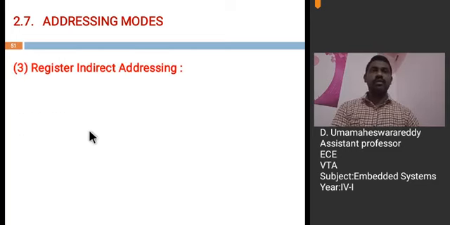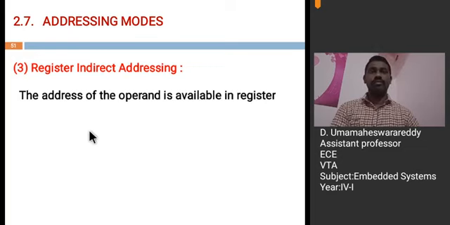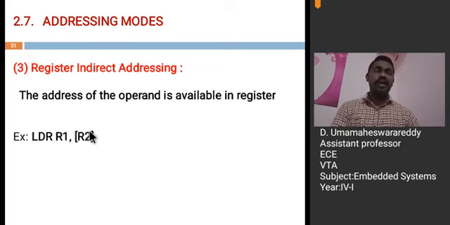Next, register indirect addressing mode. See here, register indirect addressing is one in which the address is present in a register, and in that address location, the data will be available. The address of the operand is available in the register. That means the address of the data is present in the register, and the register with the address is specified in the instruction.